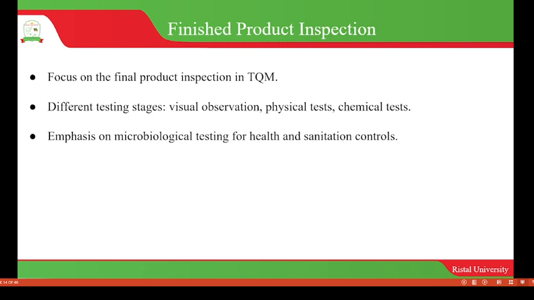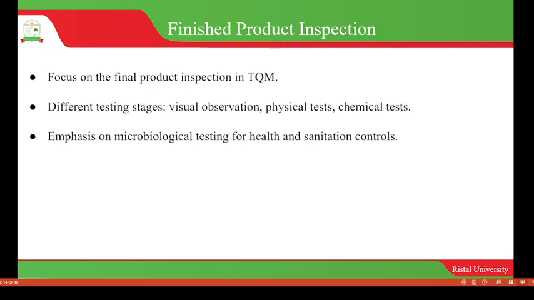And these stages include visual observation, physical testing, and then chemical tests, which are mainly done in the laboratory. And this finished product inspection emphasizes microbiological testing. This is for health and sanitation controls.